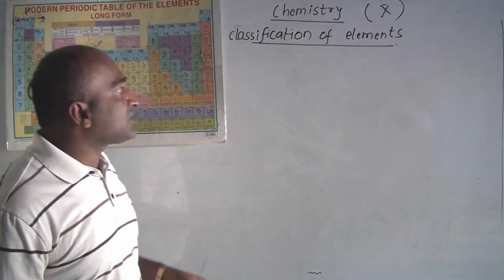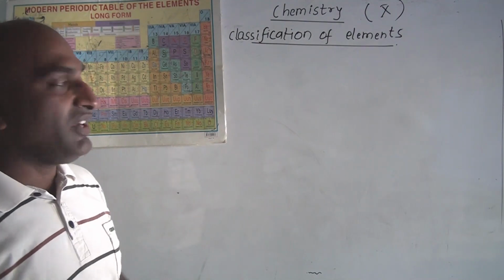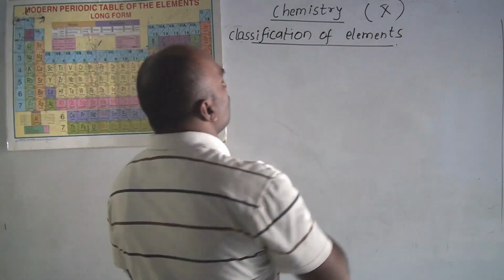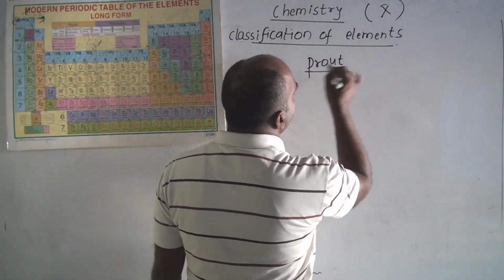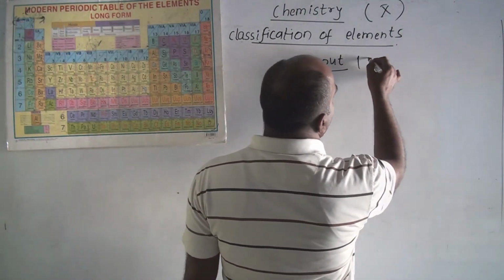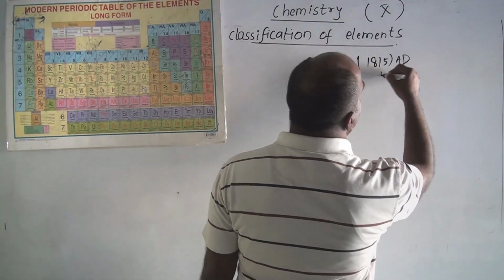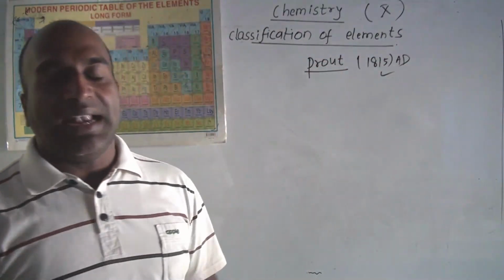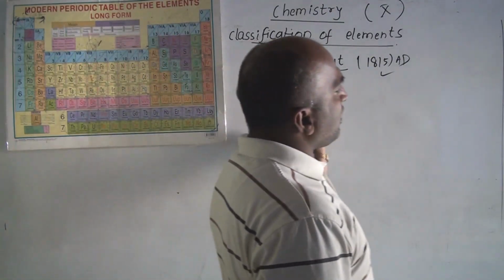The first classification of elements was done by Prout in 1815 AD, and he arranged the elements in the increasing order of atomic weight.